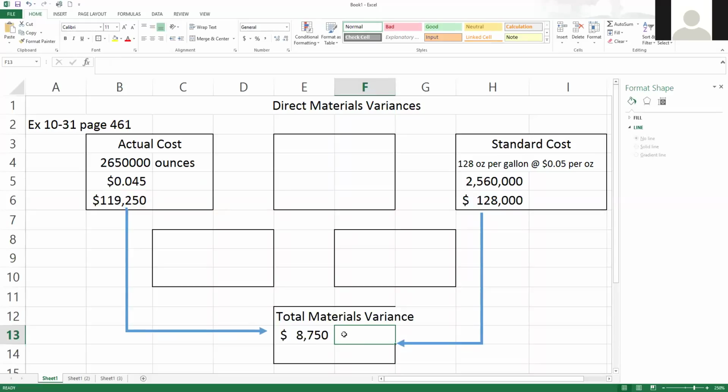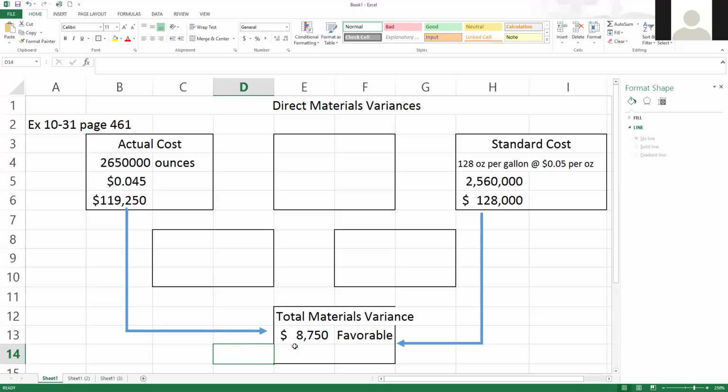Fancy way of saying, is it good news or bad news? And we call this a favorable variance because we're happy about it. It's favorable. And as you can see, I've got all these other boxes in here, so there's more to the story.